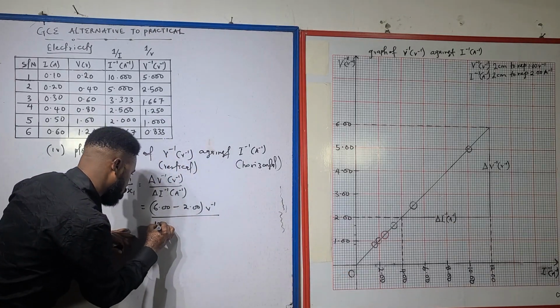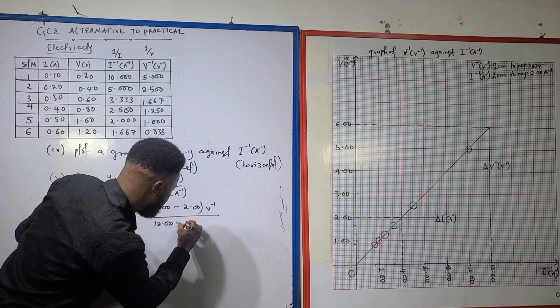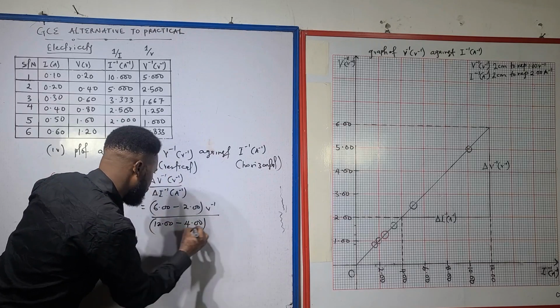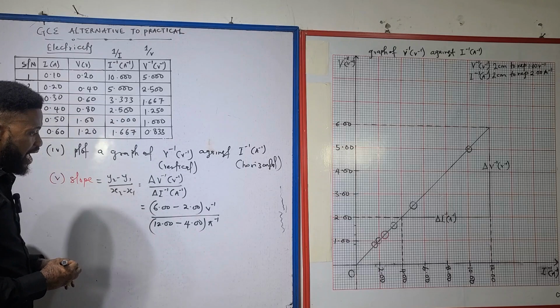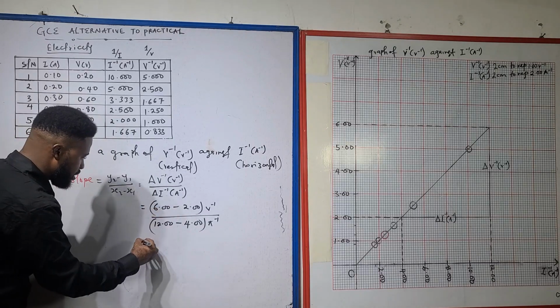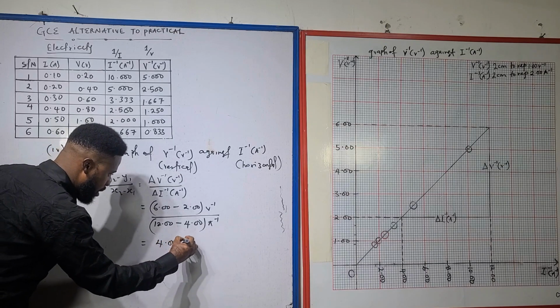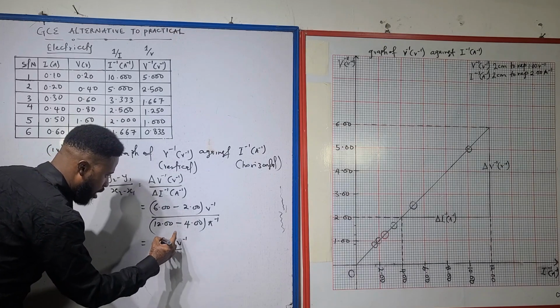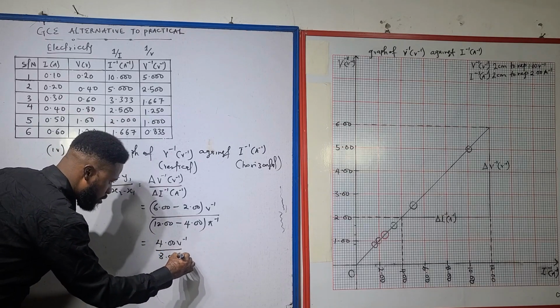So I'm looking at 12.00, take out 4.00 in per ampere. So this is going to mean 6 take away 2, that's 4.00 per volt, divided by 8.00 per ampere.